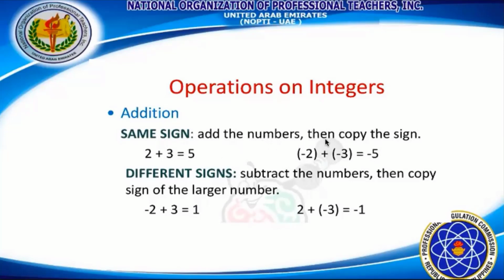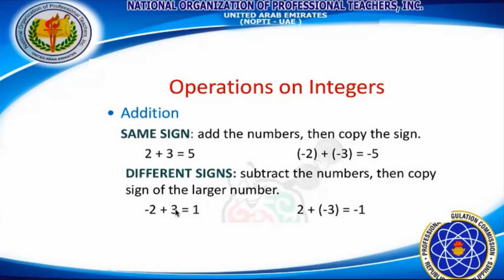Okay? So, in addition, add the numbers, then copy the sign if they have the same sign. For example, 2 plus 3 equals 5 kasi parehong positive. Negative 2 plus negative 3, syempre, negative 5. Kasi pareho silang negative. Okay?